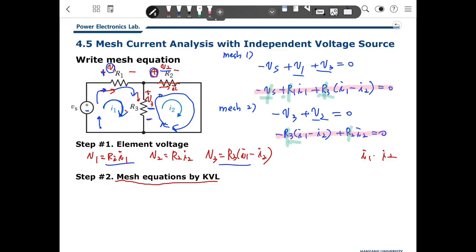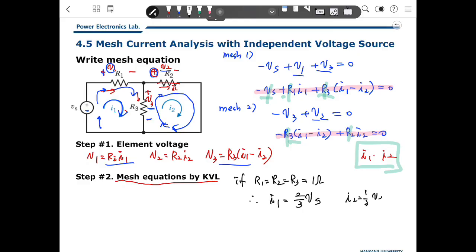So with those values, you can get I1 and I2. Actually, if R1, R2, R3 are 1 ohm, then I1 will be 2/3 Vs and I2 will be 1/3 Vs. That's how to use that.